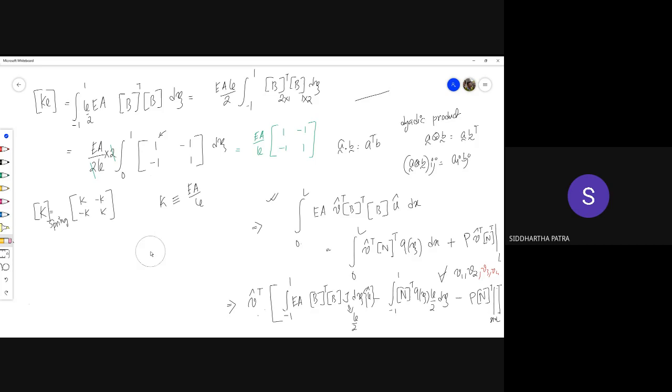Okay, so then only this one is true. Then only it would be like a linear system. Or rather, sorry, then only the stiffness matrix would look like this. Acha.